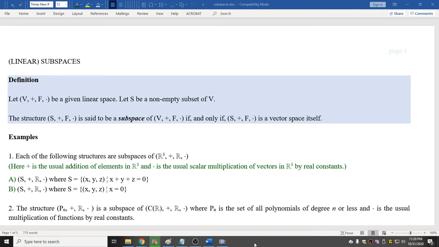Linear subspaces. Let V, plus, F, dot be a given linear space.